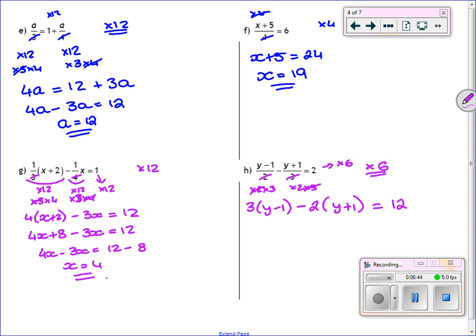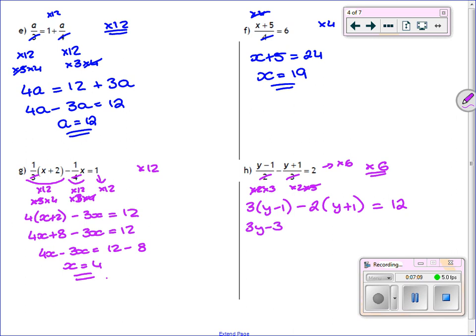It's very important that you don't try and do all the steps at one time. Take your time. Once you've multiplied by your lowest common multiple, if you've got a number left to multiply, don't multiply through the bracket at that point in time. Do it on the next line. Now we just treat it as normal. 3 times y minus 1 would give me 3y minus 3.